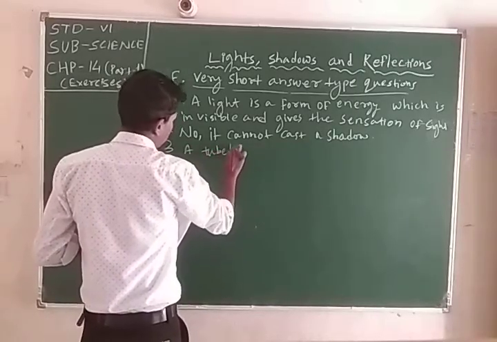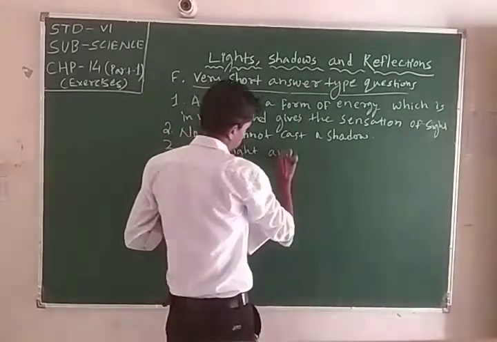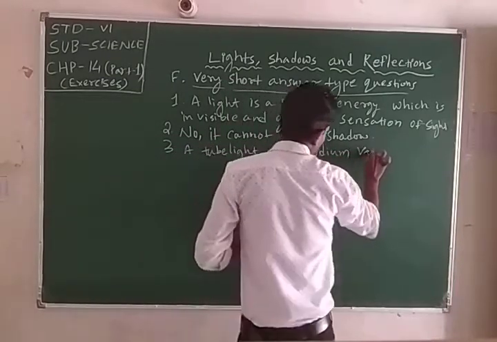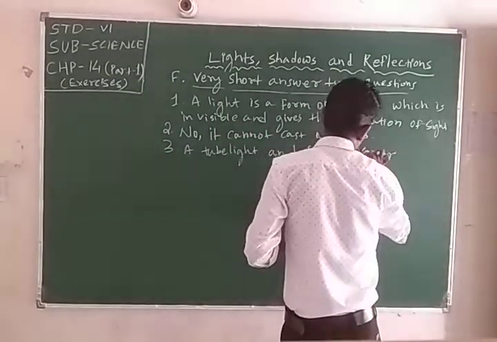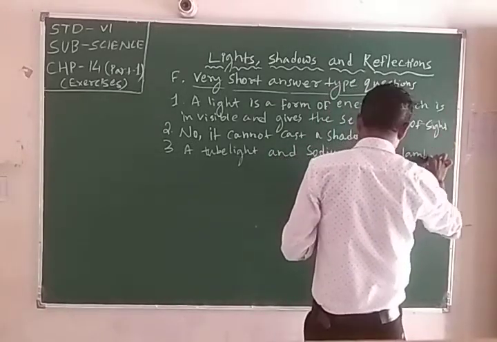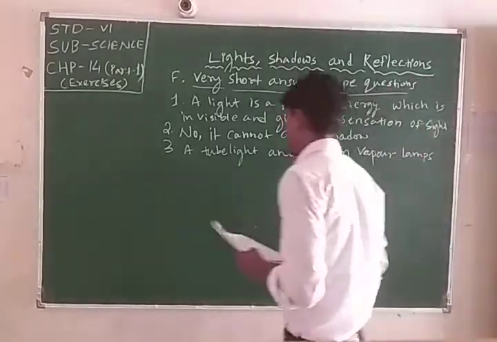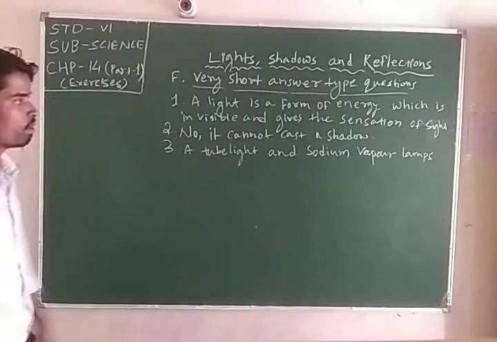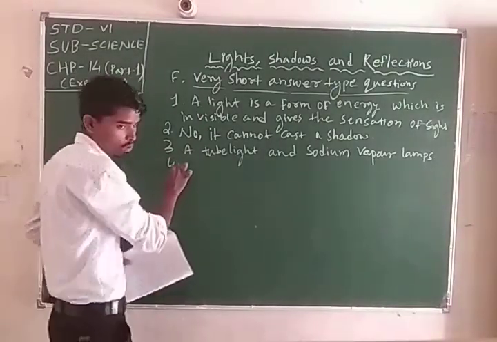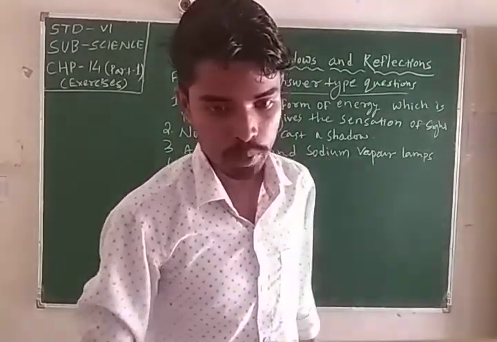A tube light and a sodium vapor lamp are cold sources of light. Number 4, name 2 transparent and 2 opaque materials.